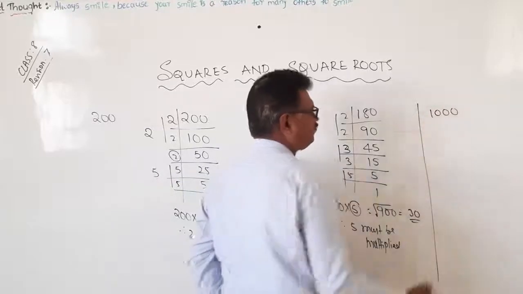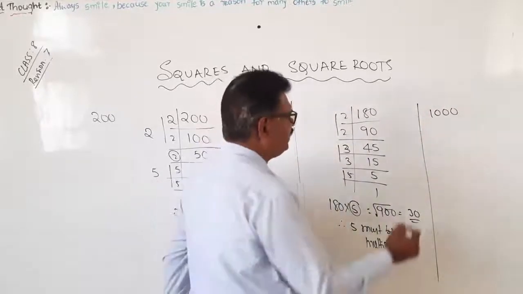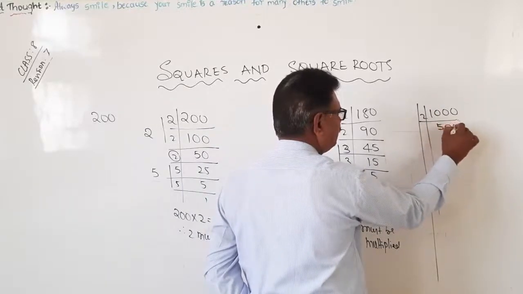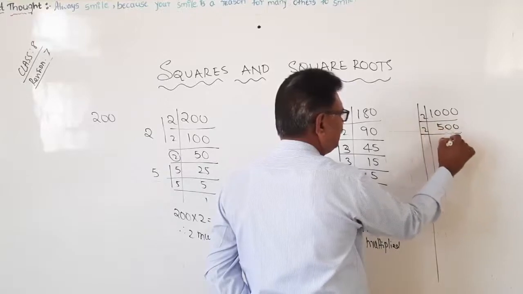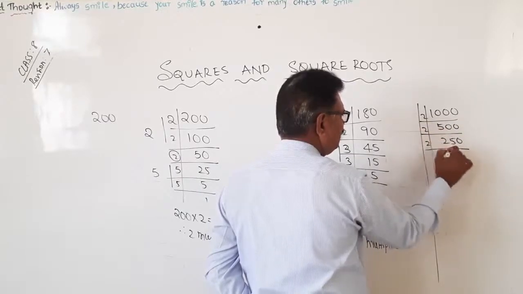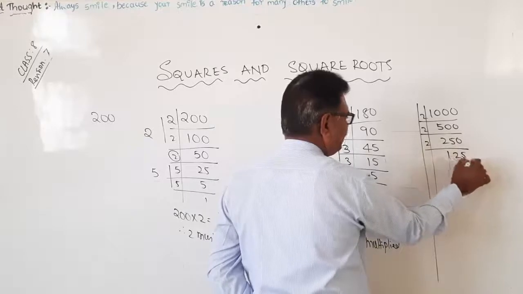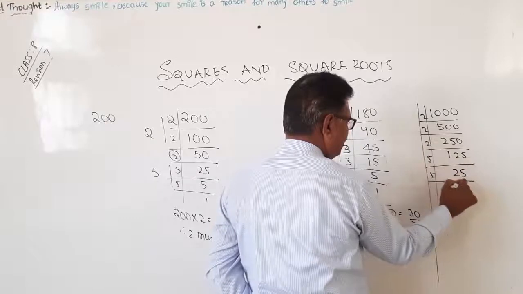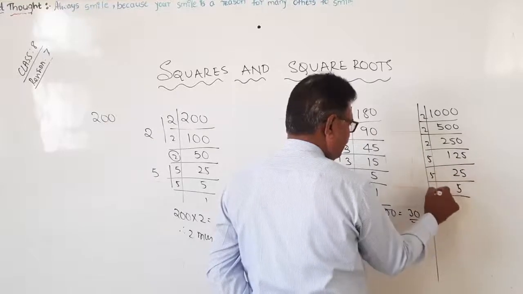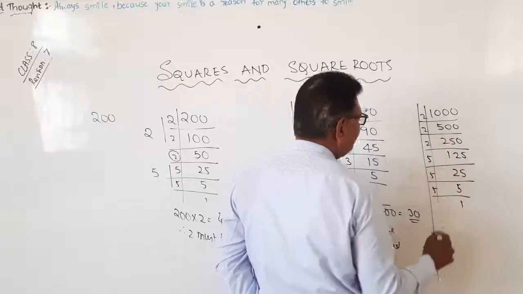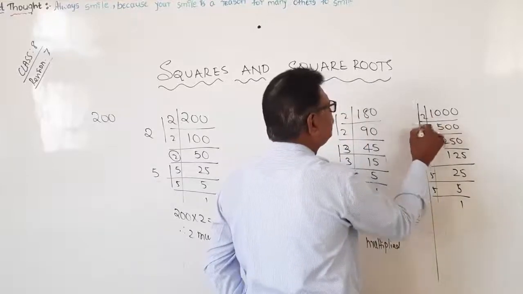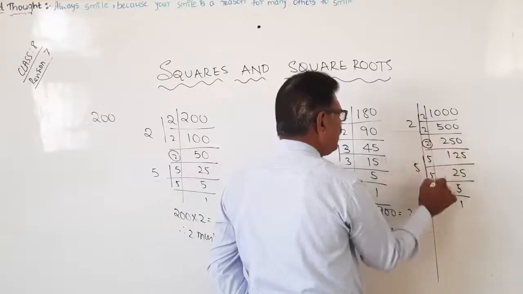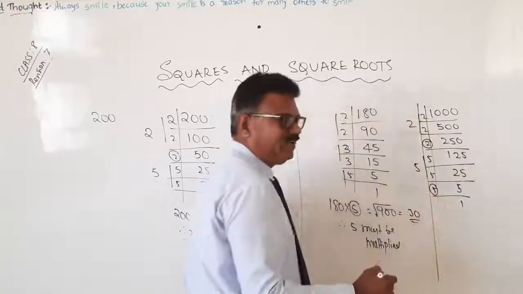1000. Very simple. 2 into 500, 2 into 250, 2 into 125, 5 into 25, 5 into 5, 5 ones. If you observe here, for this one pair is there, 5 also one pair, but for 2 a pair is not there, for 5 also a pair is not there.